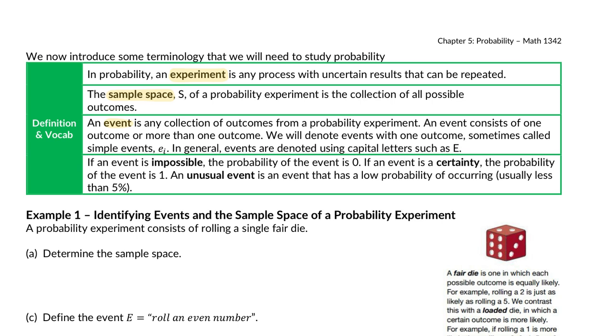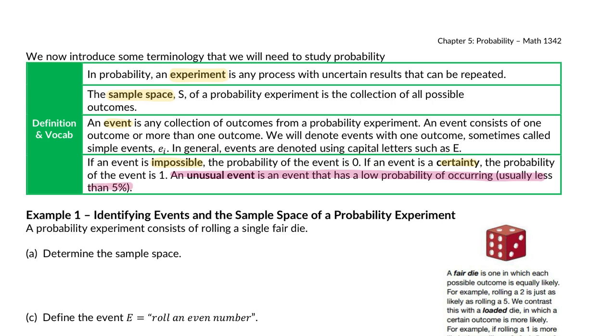If an event is impossible, that's a mathematical probability. It says that the probability of the event is 0. That's an impossible event. If an event is a certainty, then that means the probability is 1. I'm going to highlight this in a different color. An unusual event, because that's a true definition right there, is an event that has a low probability of occurring.